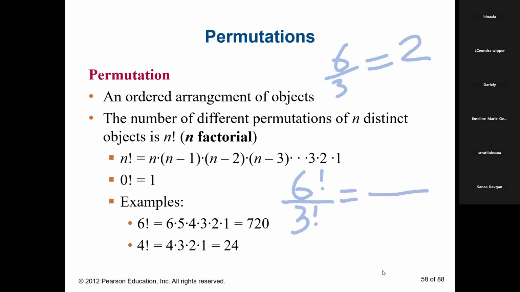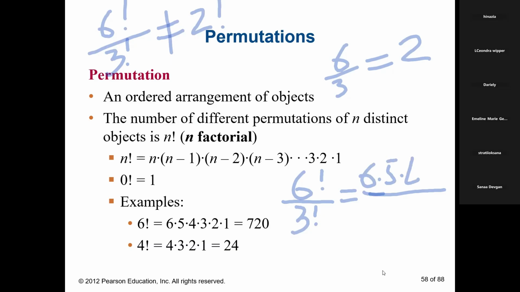That would be wrong. It's more than that. 3 is not equal to 2 factorial. So what can you do here? You can take 6 times 5 times 4, and then you stop at 3 factorial. And then you simplify.